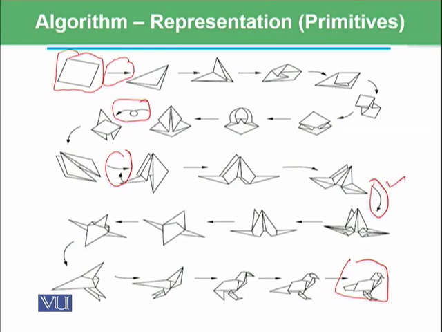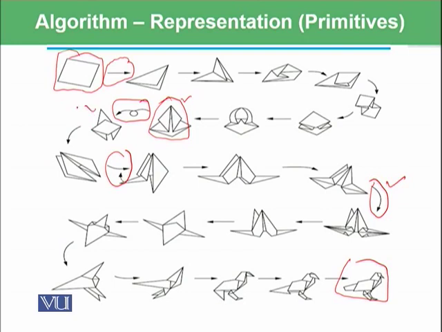For example, this means that you need to fold this paper in this way. However, when you use this symbol, you are saying that this thing needs to be reversed and the surface which is not shown in this picture should be available in this picture.